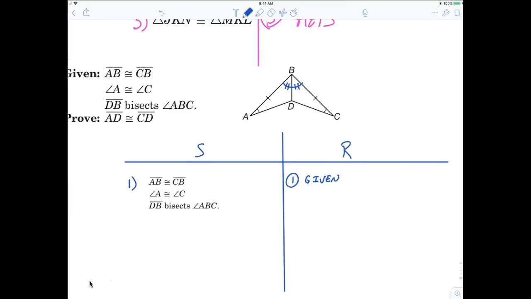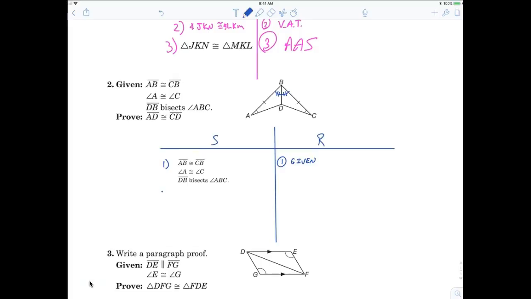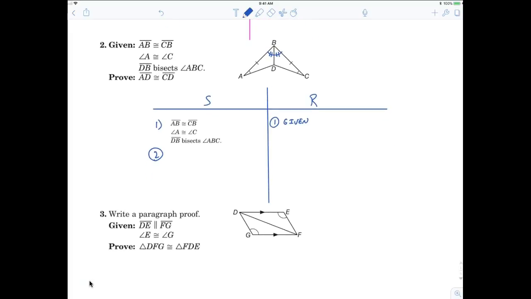So now I can say angle ABD is congruent to angle DBC, and we would say that's what? Definition of bisect. Come on, guys. Shh. Just look.